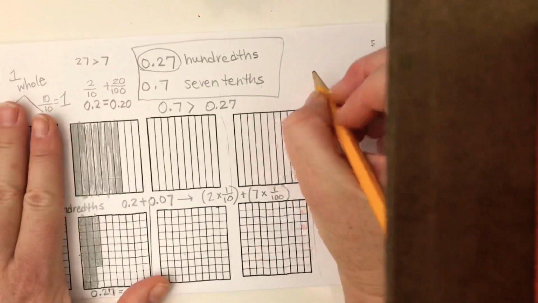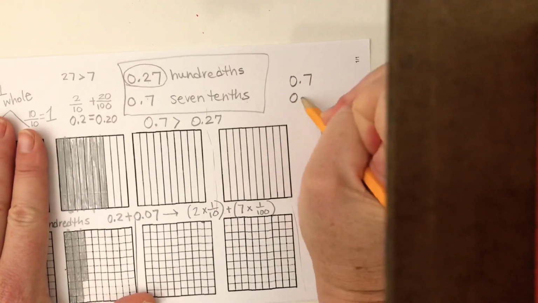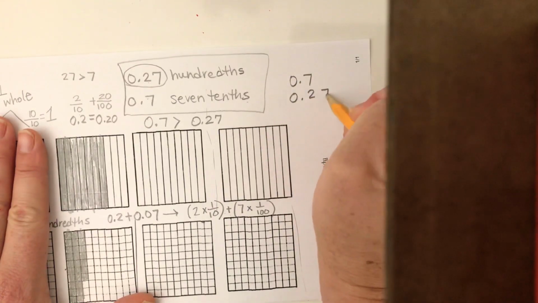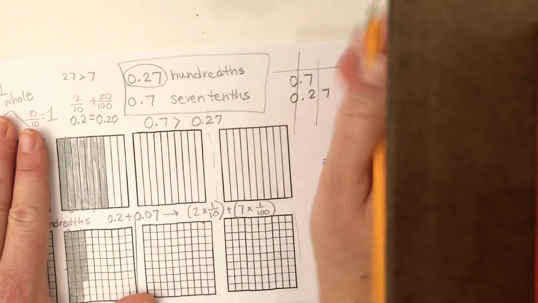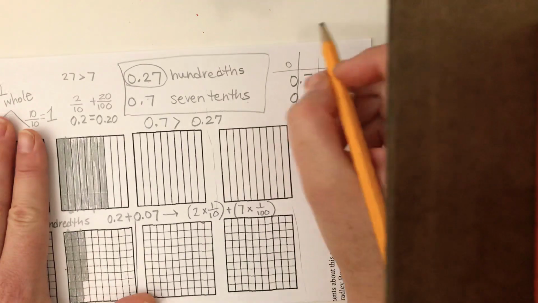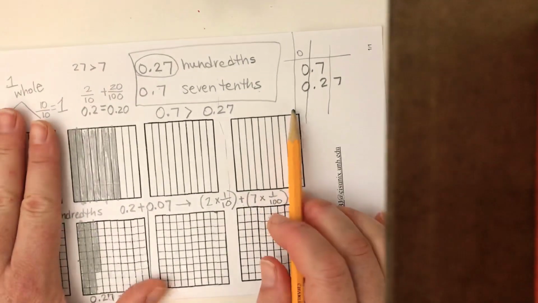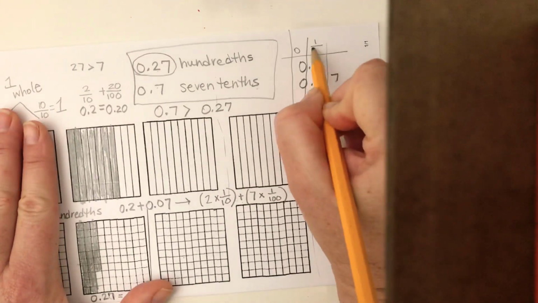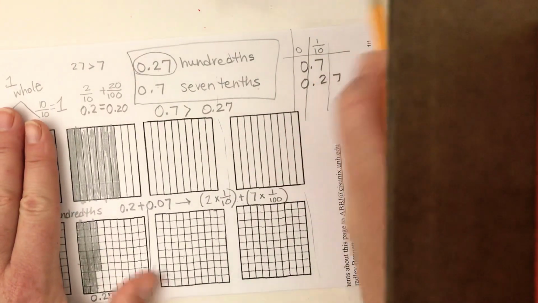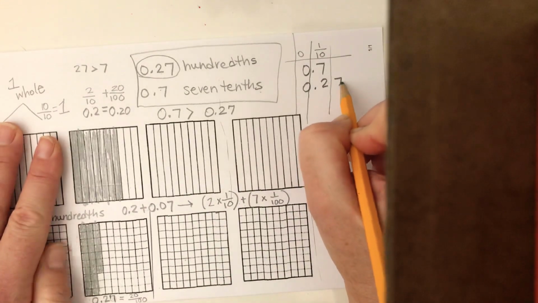And we can also compare them vertically on a place value chart. When we line up our place values to compare them, we're going to compare values just like with whole numbers, from left to right. This is the ones place, and both numbers have 0 wholes shaded in. And now we're going to compare the amount of tenths, because it does not matter what's in the hundredths place.